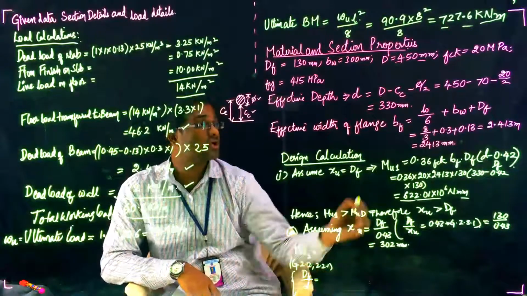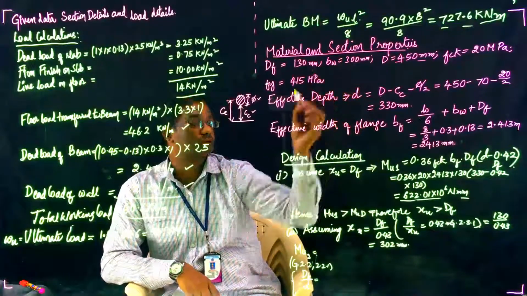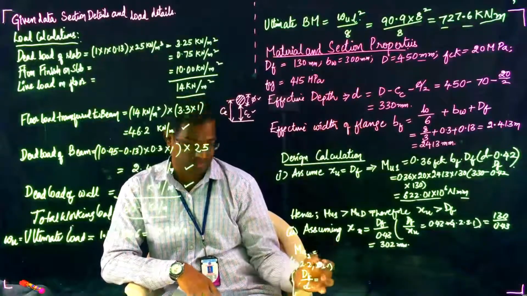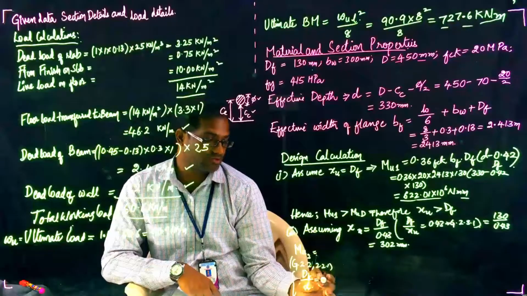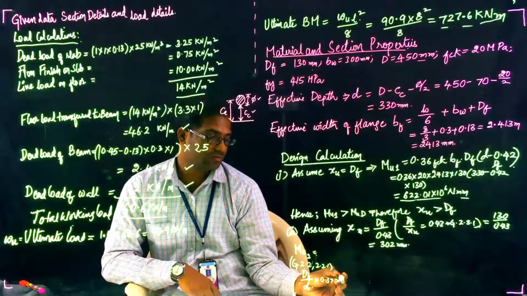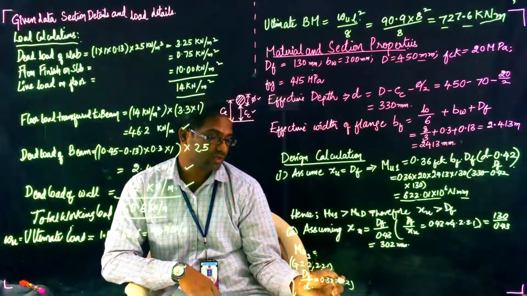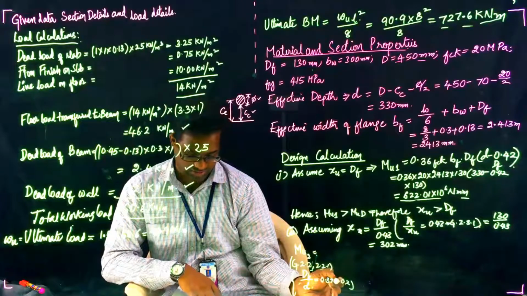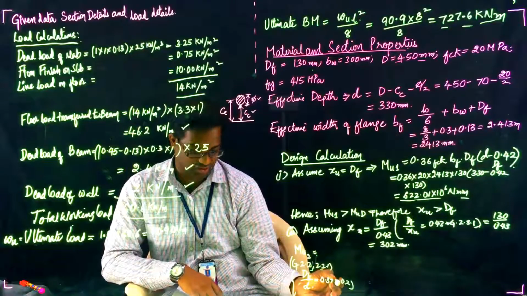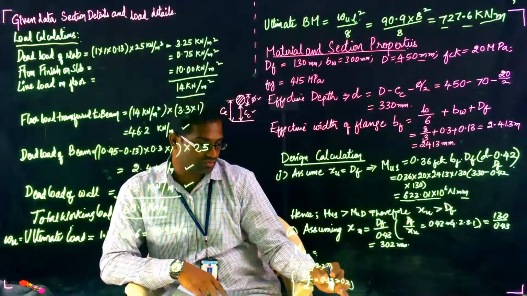DF is how much? 130 and small d is 330. You will get a value of 0.39, which is greater than 0.2, referring to these two clauses. When this value is greater than 0.2, then you have to take YF.